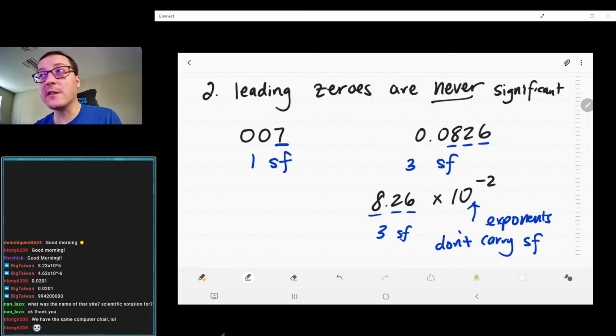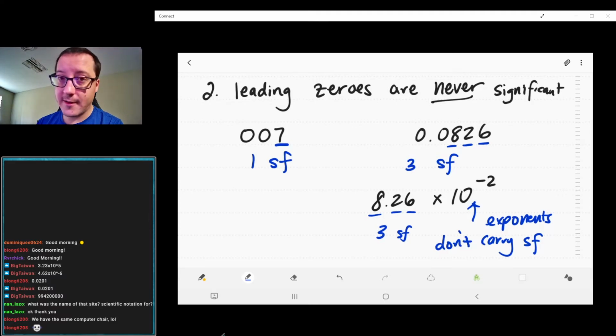They do not have sig figs, so you do not have to worry about the exponents when we're looking at sig figs. Putting things in scientific notation is going to help later on because it's just going to get rid of all these pesky zeros that we don't need. But we'll look at that in just a little bit. All right.